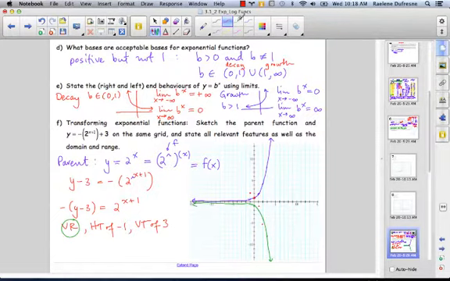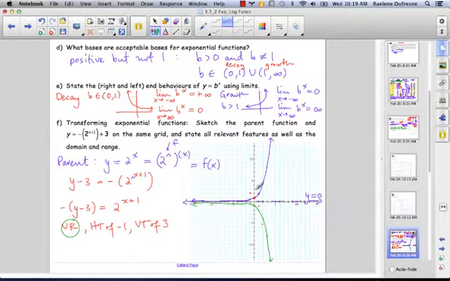I also noticed that I had a horizontal asymptote, at least on the left end, because I have different left and right end behaviors, but my horizontal asymptote has an equation of y equal to 0. And that horizontal asymptote is a y value, so it is affected by y things. It will not be affected by horizontally translating the line 1 to the left, but it will be affected by moving it up 3 spaces.